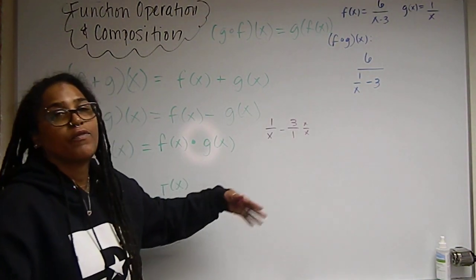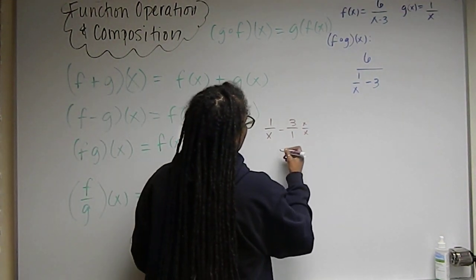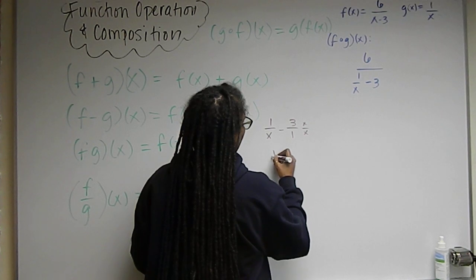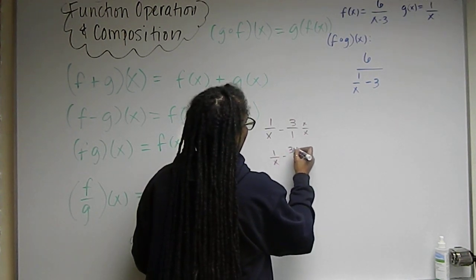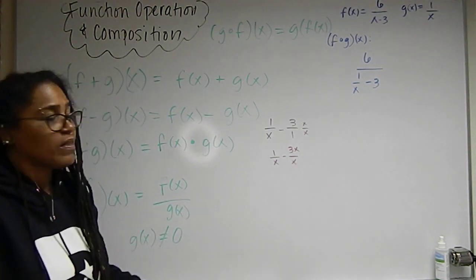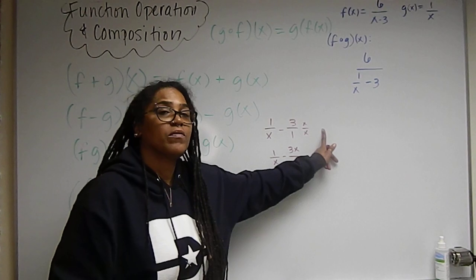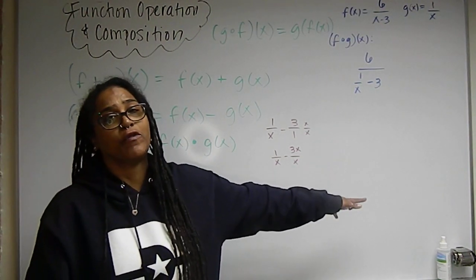It's the same thing over here, but now this turns into 1 over x minus 3x over x, right? x over x is 1, just like we did before when we ended up with 4 over 4.